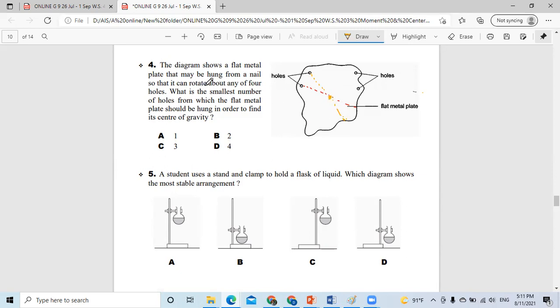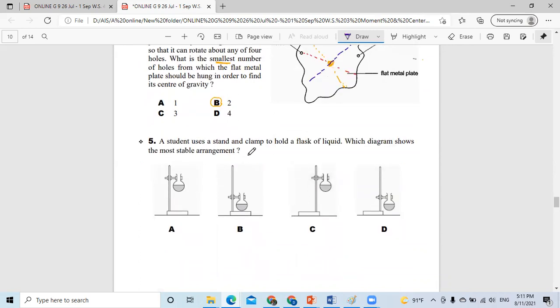So they ask what is the smallest number of holes that I should hang it from, and the answer is B. I need 2 points to hang from to find the center of mass. If I hang it from 3, I'll be more accurate, but they ask about the minimum number, and it's 2.